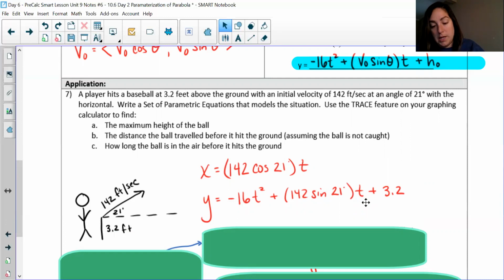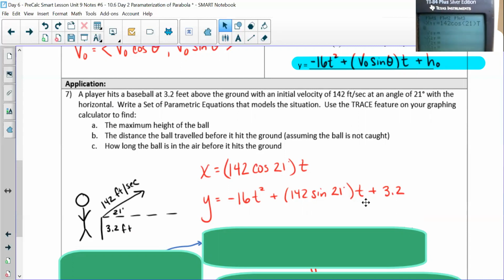All right, so let's type this in. Again, we're going to go to mode and make sure that we are in degrees, which I was not in degrees. And now we're going to go to our y equals. So for our x, we have 142 cosine of 21 times t. And it is really important that you do not take the cosine of 21t.